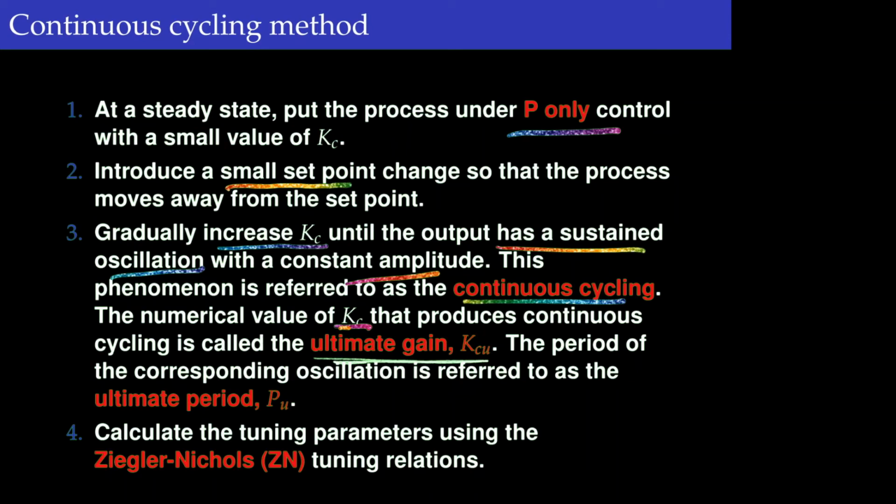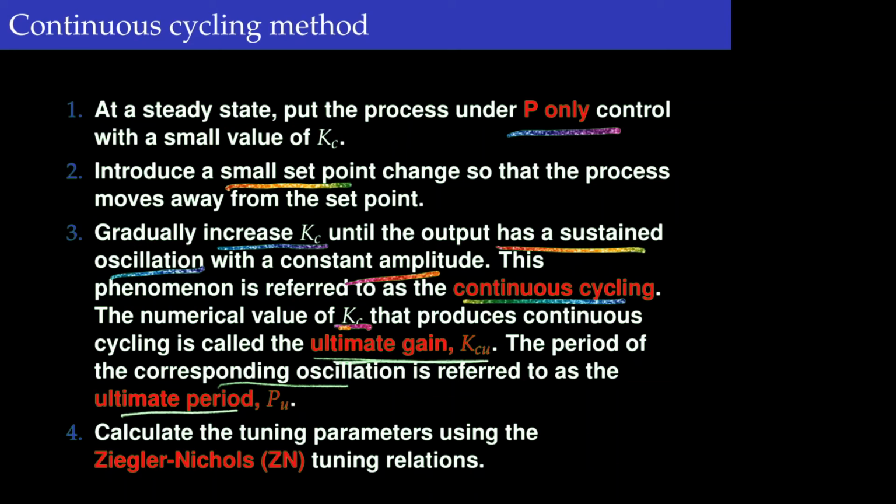Physically, it means that it's between the two conditions, stable and unstable. So it's on the borderline between these conditions. The period of the corresponding oscillation is called the ultimate period for the process. So we get these two estimates: the ultimate gain and the ultimate period.